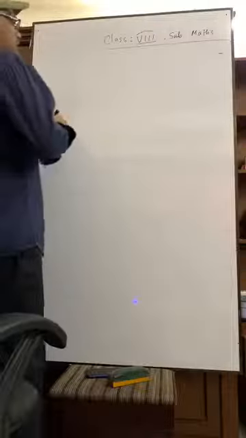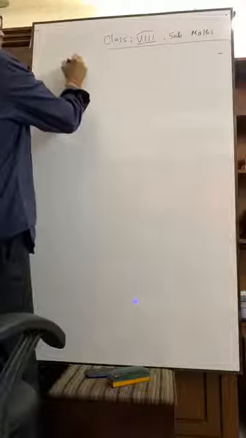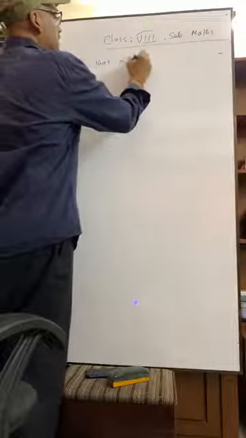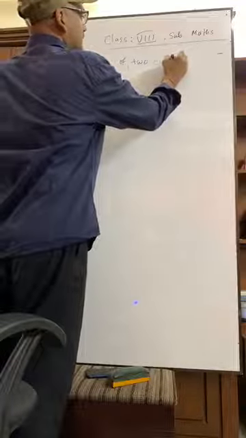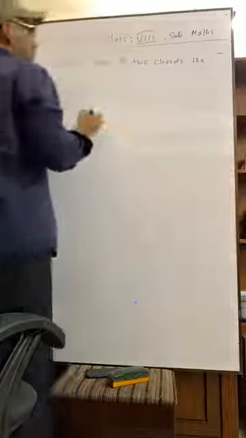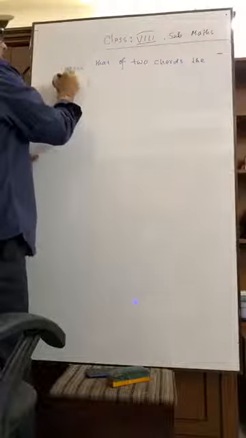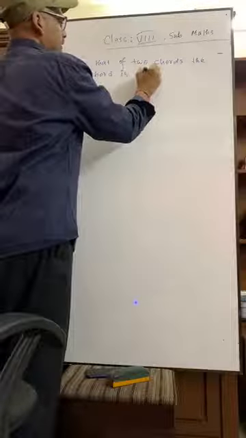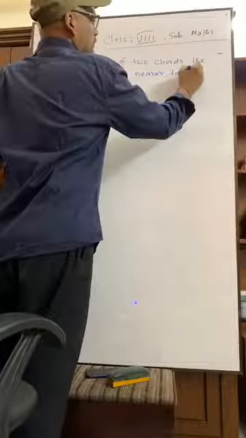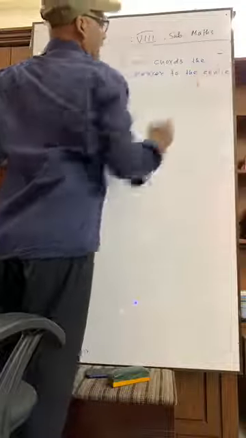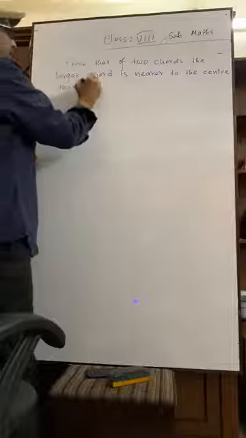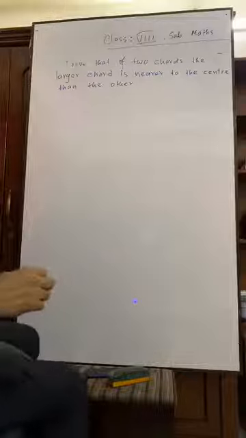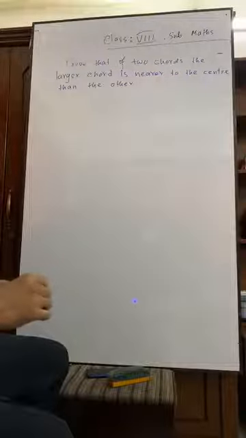Prove that of two chords, the larger chord is nearer to the center than the other.